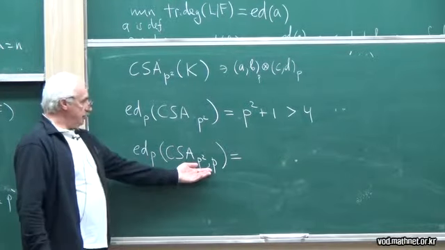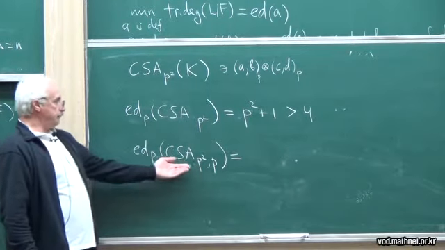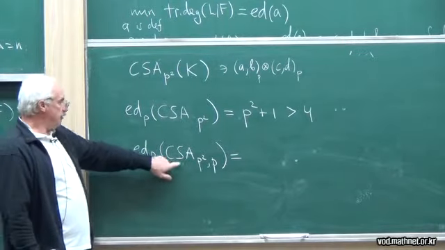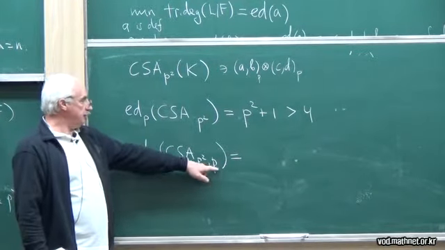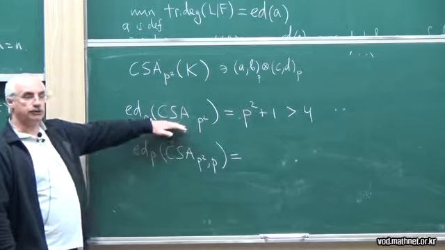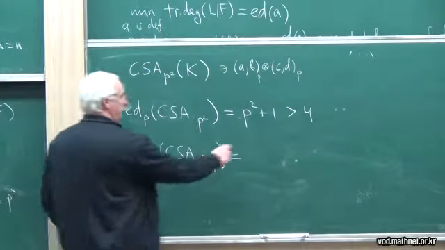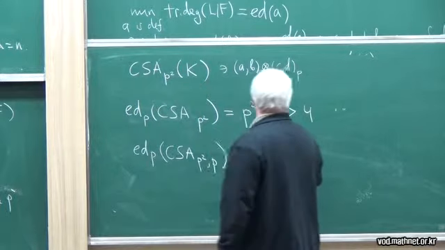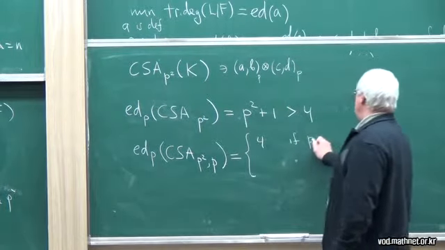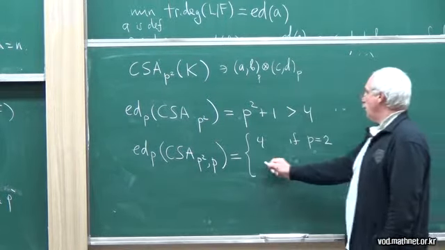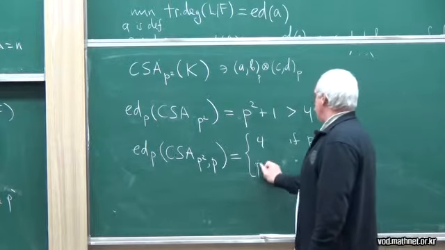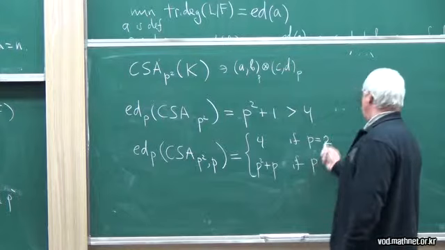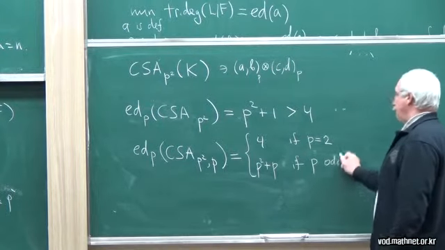It looks like this should be a smaller number because it is just a subclass. We only look at algebras of exponent p, while here we look at all the algebras. But the answer is, it is indeed smaller than this number, 4, if p is 2, and it is p squared plus p if p is an odd prime.